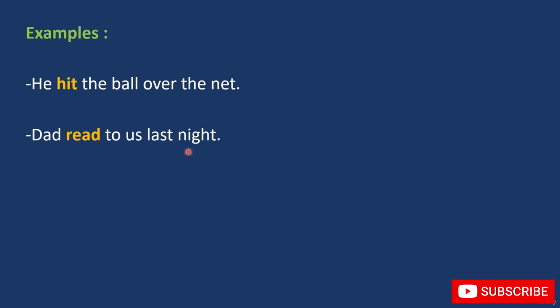By the way, when I write read present and read past, it is R-E-A-D. But when I pronounce the present read, it is different from the past read. So again, in the writing they are the same, but in the pronunciation they are different. Read present, read past. So here this sentence is past. Dad read to us last night, because this is past.